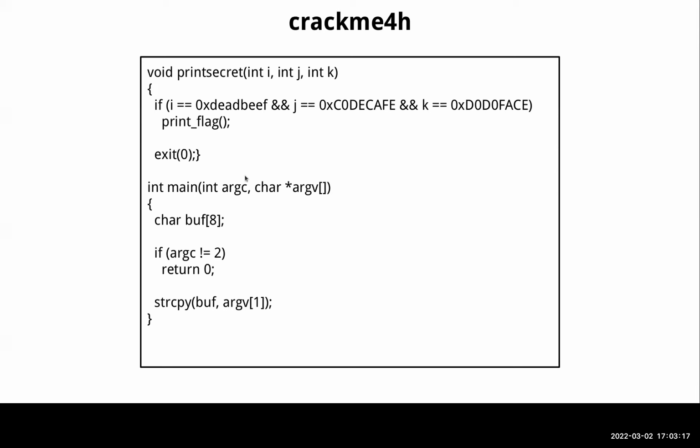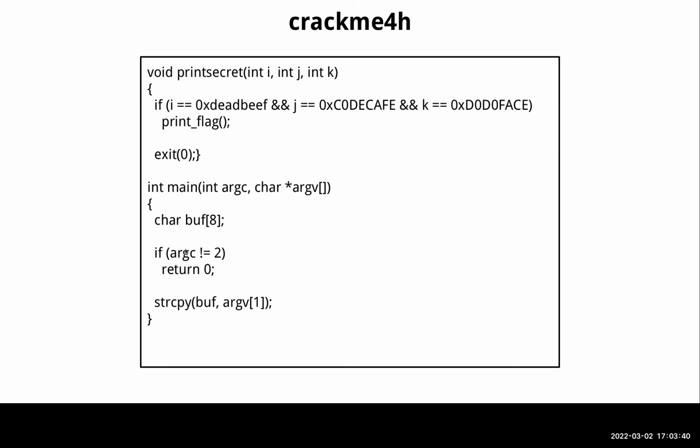The main function here has a buffer, it looks like 8 bytes, compares two command line arguments, then does a string copy from your second command line argument to the buffer. So the second command line argument can be arbitrarily long here. You can fit anything there. That's why there is a buffer overflow.